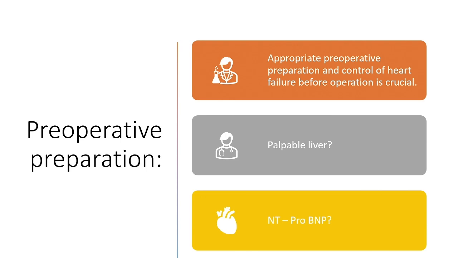If we operate on a failing heart, or a patient with heart failure, we will find difficulty in coming off bypass, and we also have problems in the ICU. So these are the two things to be taken care of.